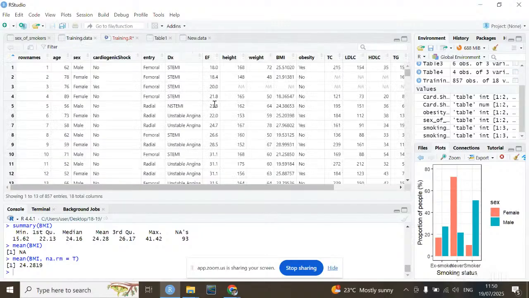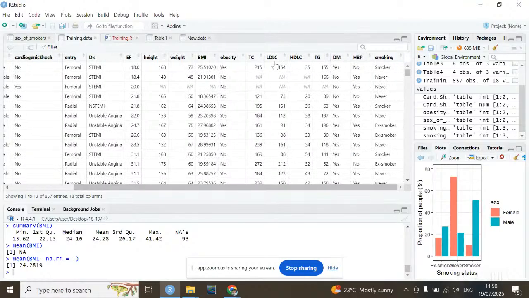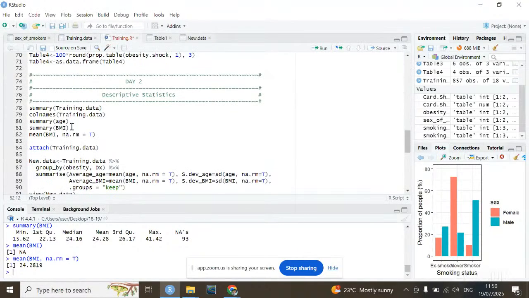If you are using the other functions on BMI, or on TC, LDL and the rest, it may bring an error. So to avoid those errors, we use na.rm to remove the NAs. Then you say TRUE. But if you put capital F, it means the missing values should not be removed, so it will still bring us an error.